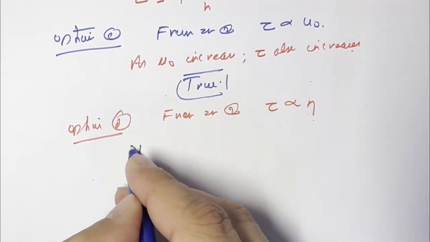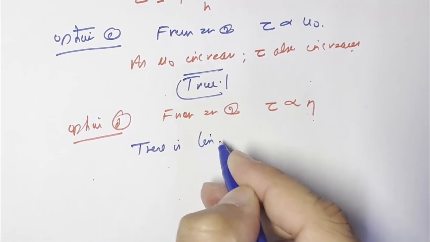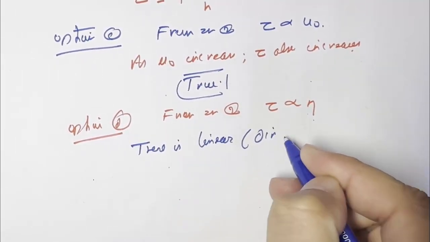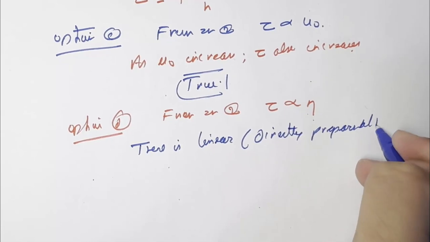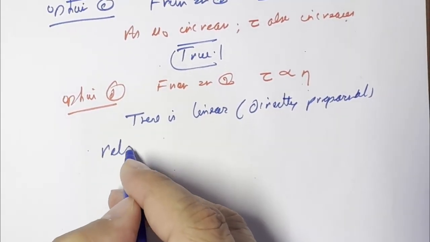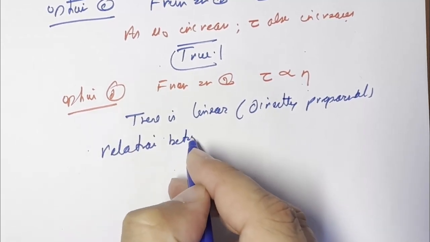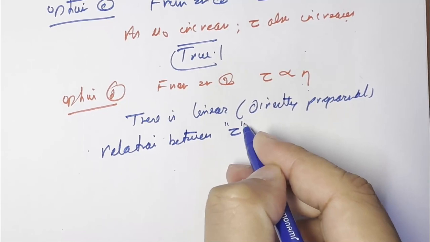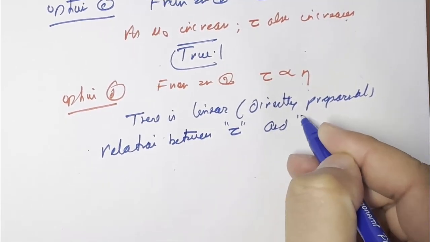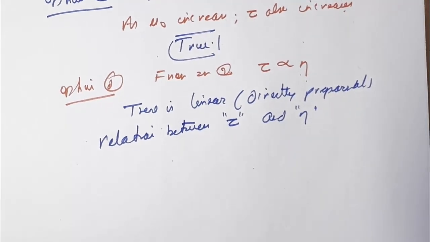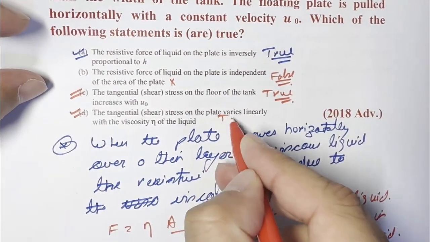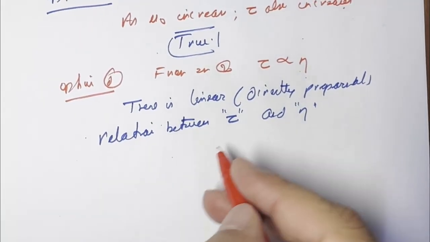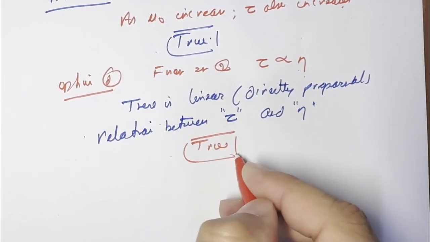So there is a linear or directly proportional relation between tau and nu. This option is also true.